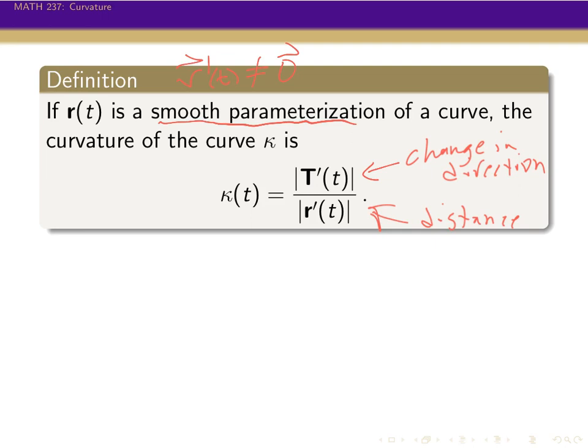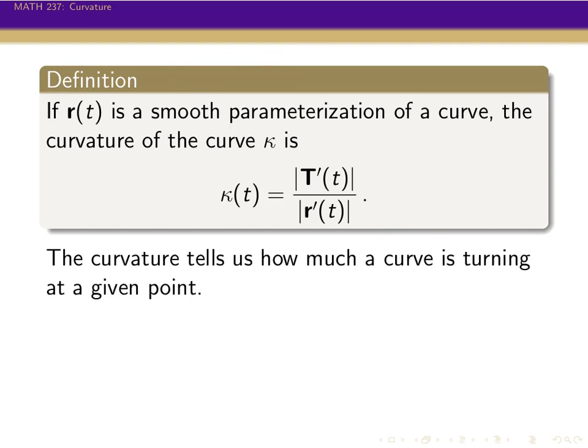Curvature is talking about how much you're changing in direction per the distance traveled. Putting those two together, the curvature tells us exactly how much the curve is turning at that given point.